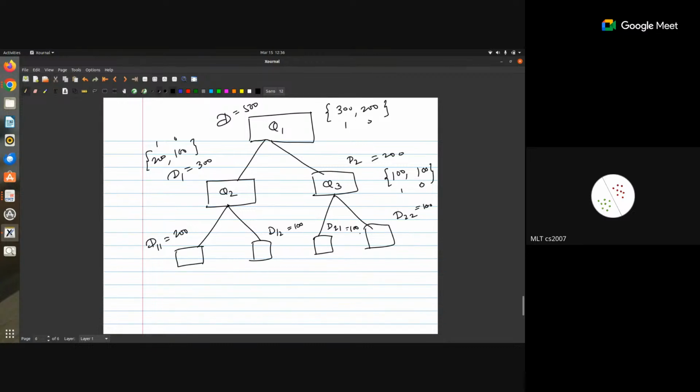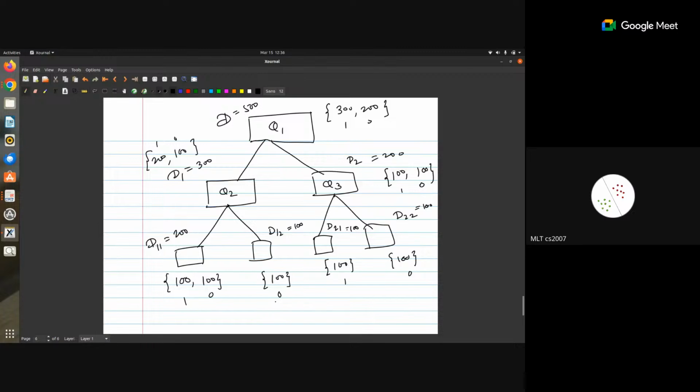Now I'm saying that in this D21, all 100 are ones. Similarly, suppose we have not reached it yet, but D21 will contain how many positive class? Suppose 100 positive, negative, and here it's 100 positive. That's fine.